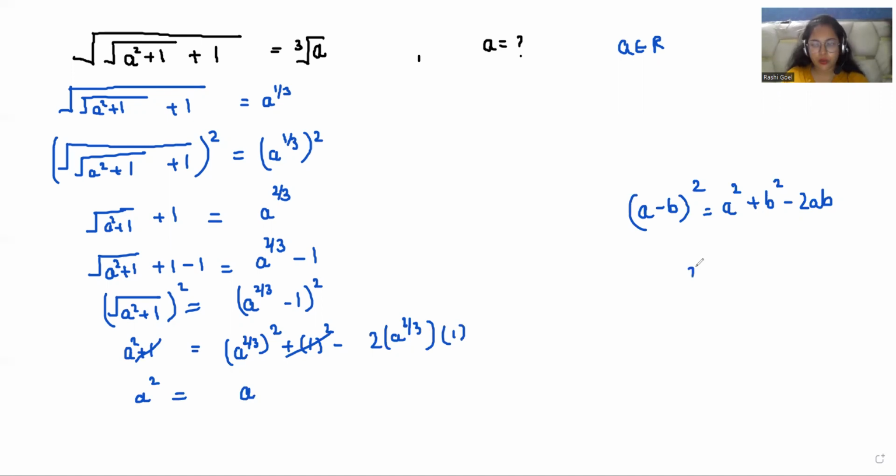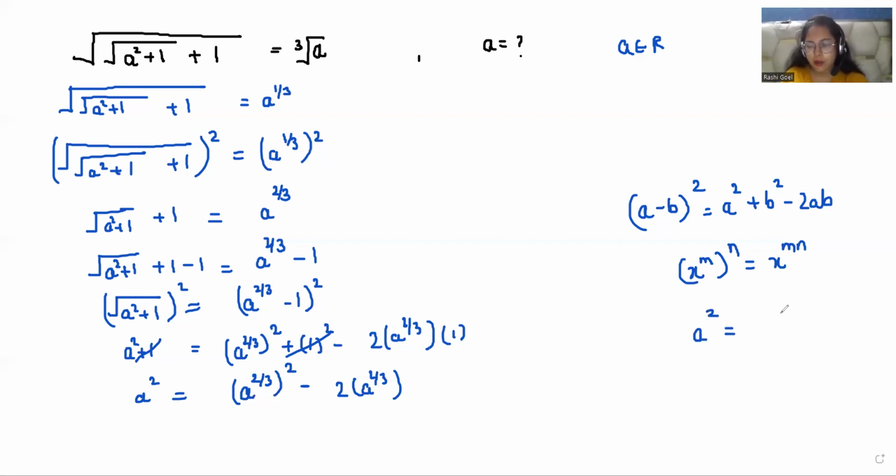So according to the rule of exponents, x power m, whole power n, is equal to x power mn. So I can write it as (a power 2 by 3) whole square minus 2 a power 2 by 3. Now I'm taking this a square of the left hand side.